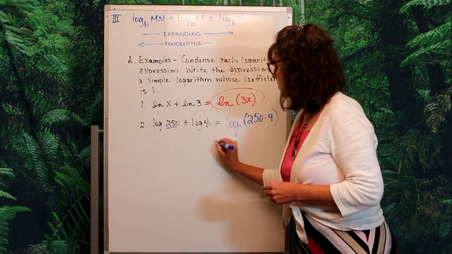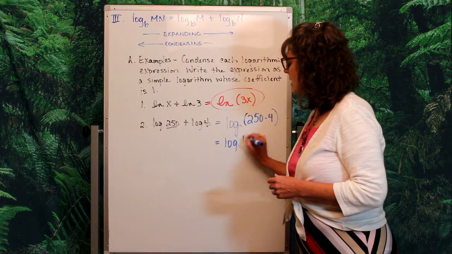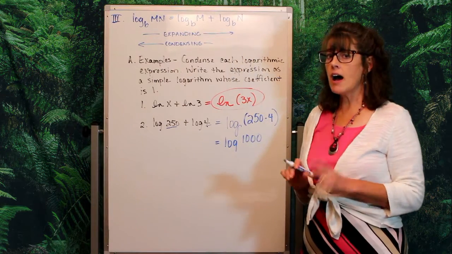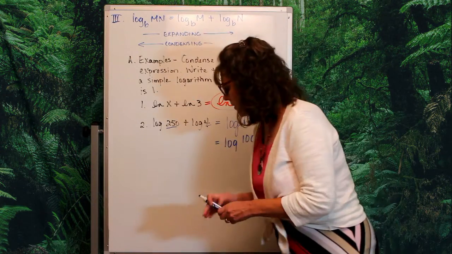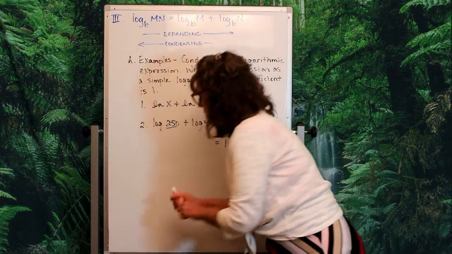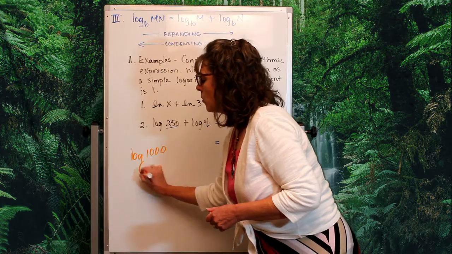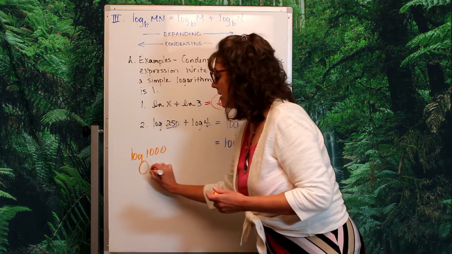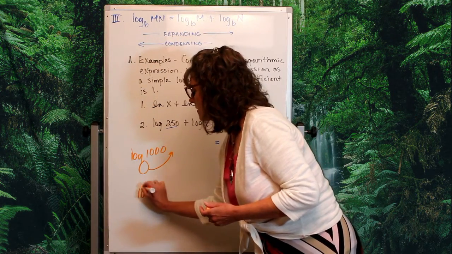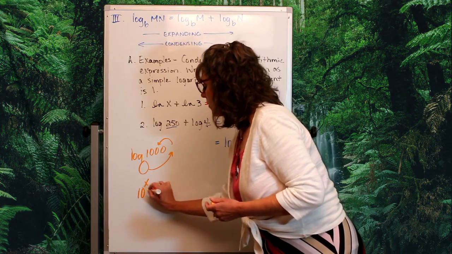That's 1,000. So I have log base 10 of 1,000, and aha, remember I can go, let me write it over here, and I'm going to change colors so we don't confuse ourselves. Log base 10 of 1,000 is going to mean what base, that's 10, to the outside power, so 10 to the x, will give me the number on the inside.